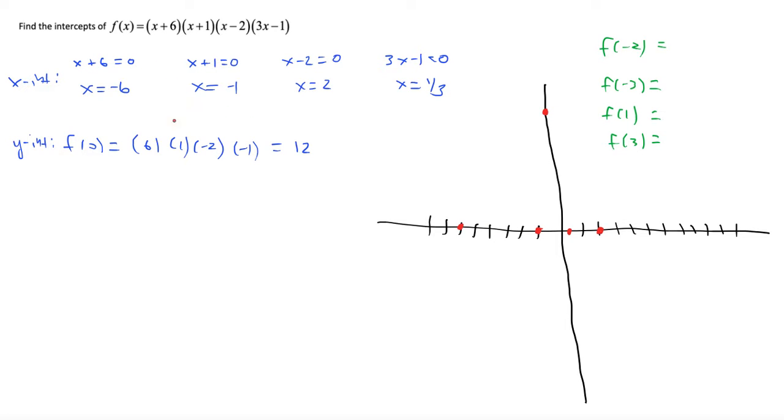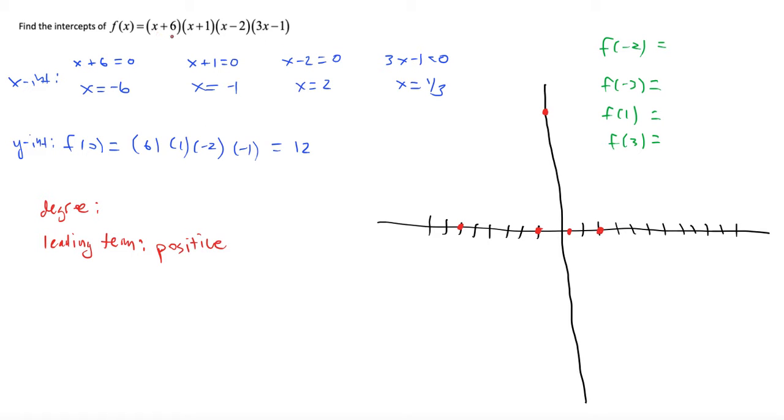Now let's take a look here. If I ask you, okay, what is the degree of this polynomial and what is the leading term, what would you say in this case? Well, in this case, the leading term is positive. We don't see any negatives out front. We also know that the degree is even.